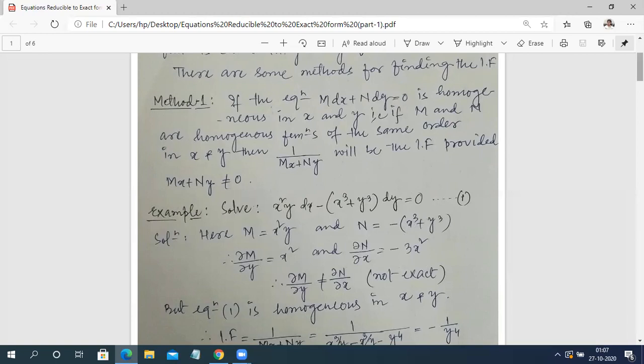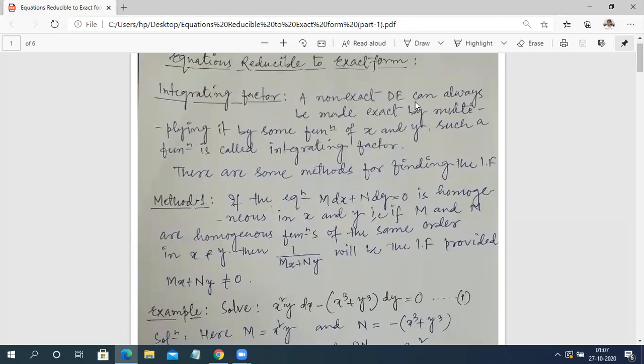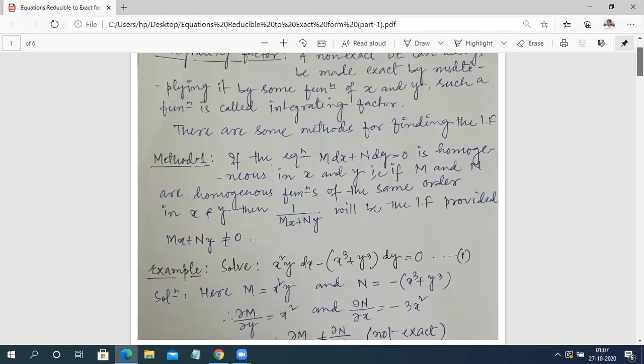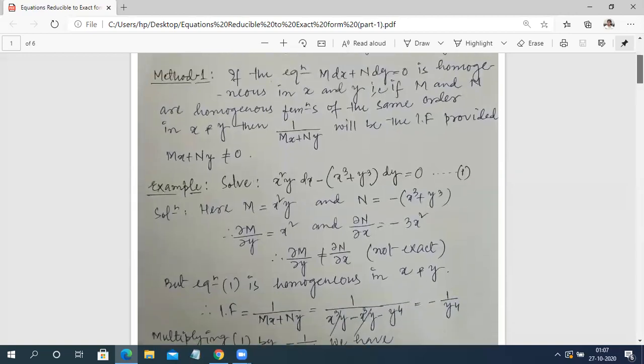But we already discussed that a non-exact differential equation can also always be made exact by multiplying that equation by some function of x and y, and that function is actually the integrating factor. So what will be the integrating factor in this case? Now you start with your first rule.